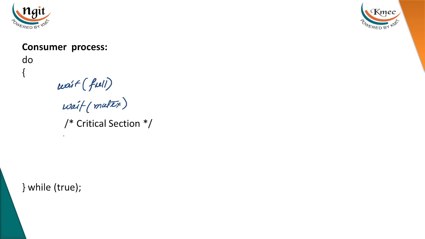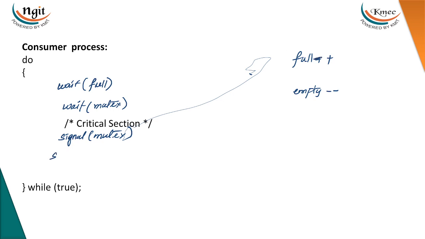Once we come out of the critical section, we apply signal on mutex. Since full minus minus and empty plus plus, because one location is empty, the signal will be on empty. So this is the code for producer and consumer.